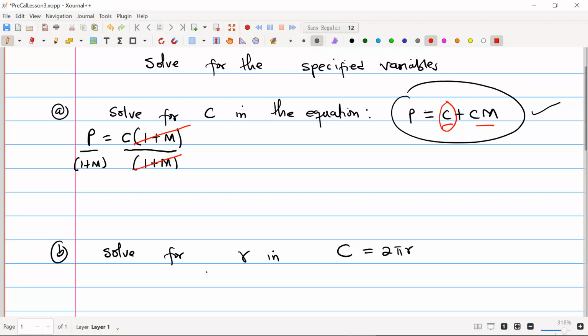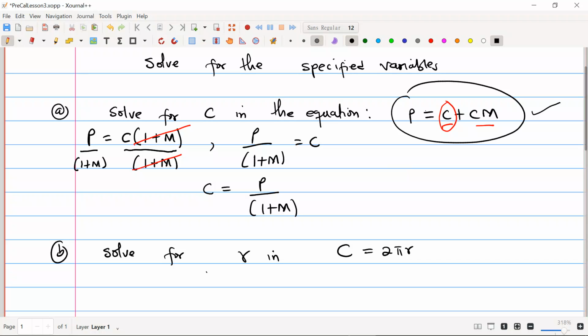Okay, look at the way I'm canceling. I'm not canceling 1 and 1, I'm canceling the whole parenthesis 1 plus m. So what will be left here is p over the expression 1 plus m is equal to c. So in other words, c is equal to p over 1 plus m, which is the equation we wanted to solve for.